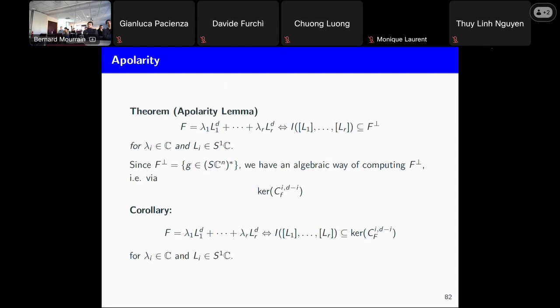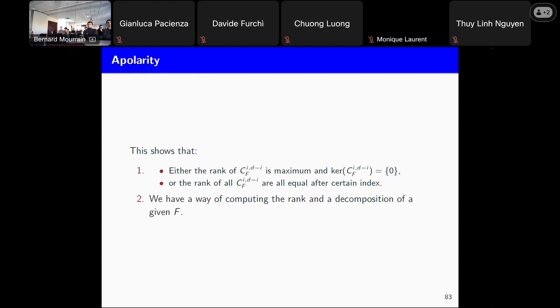So this ideal has to be contained in the kernel of all these partials.